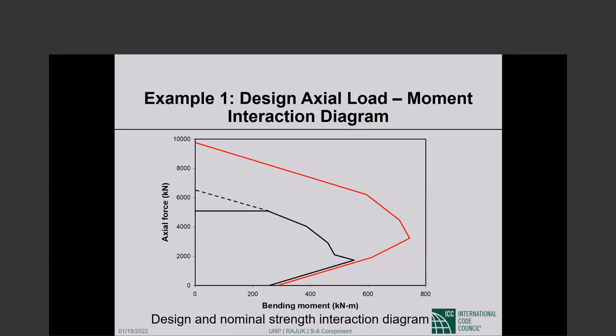What the 6 inches is, if there are two bars more than 6 inches apart, then you need the bar that is more than 6 inches apart laterally supported by a corner of a tie or a cross tie.